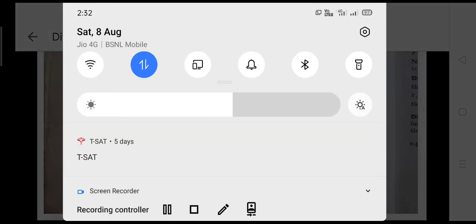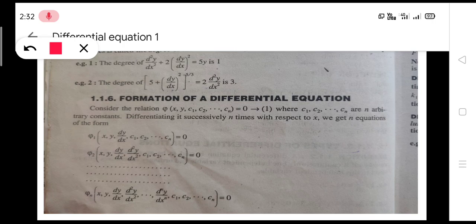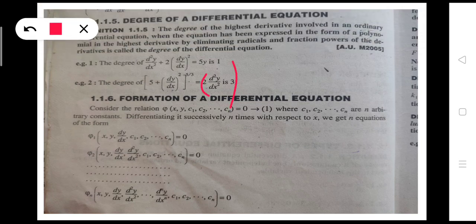Here 5 by 3 is there, so we raise both sides to the power 3 by 5, and then cube on both sides.